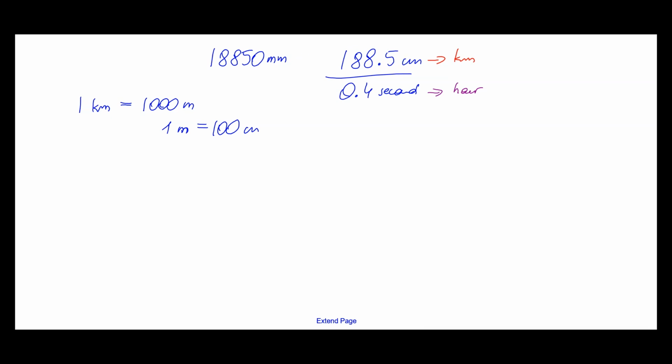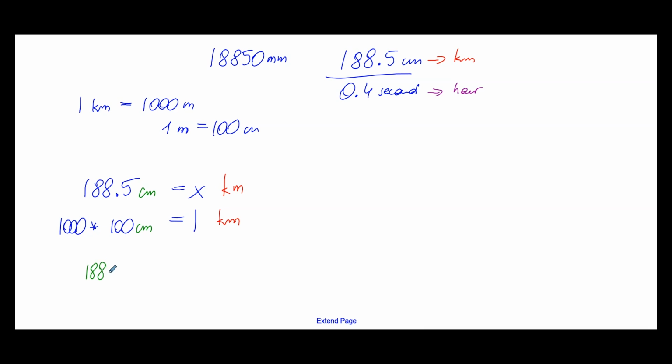On one side we have 188.5 centimeters, and we want to know how many kilometers that is, when we know that 1 kilometer is 1,000 meters by 100 centimeters. That's how many centimeters I have in 1 kilometer. And what do we do? We cross multiply.